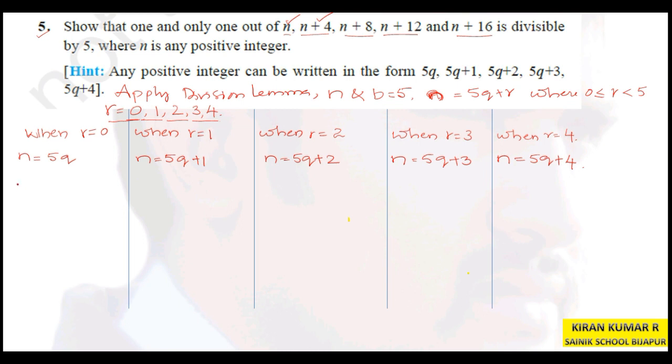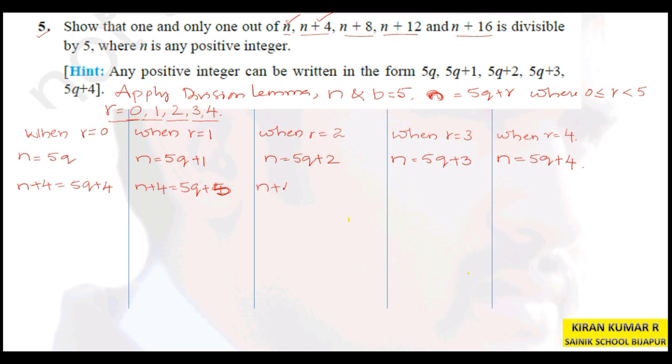Now let us take n plus 4. Down below here I'll write n plus 4. N plus 4 when r value is 0 is 5q plus 4. N plus 4 when r value is 1, we have 5q plus 4 or 5? It is 5q plus 5 because 4 plus 1 will be 5.